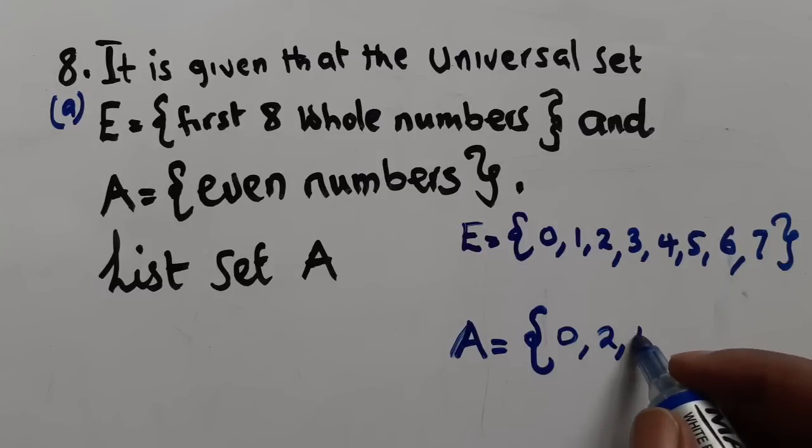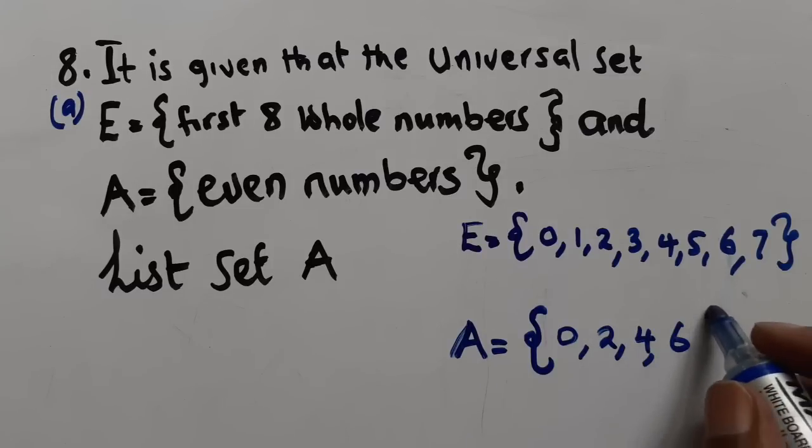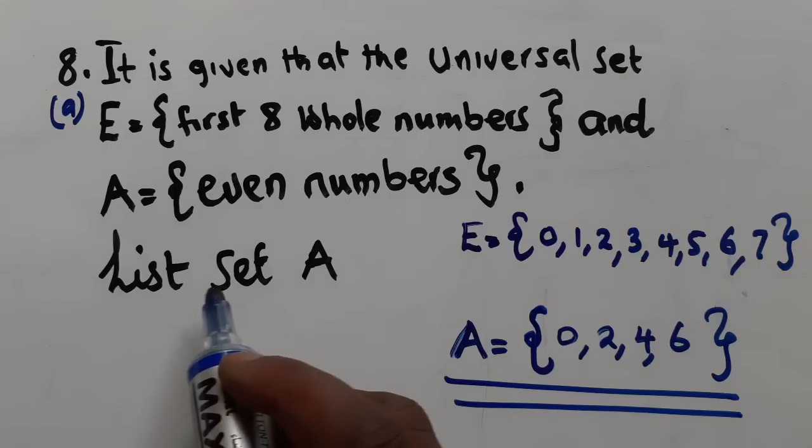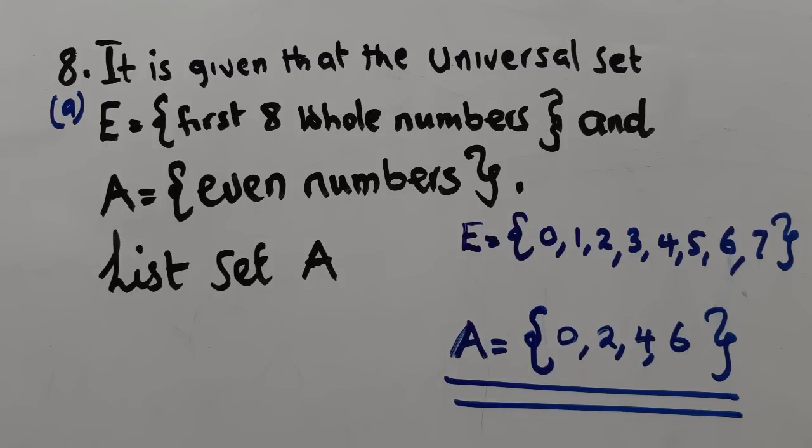So, 2 is an even number. We have listed set A here. Ladies and gentlemen, what is your answer? It is probably debatable on 0. You can research, is 0 an even number? Alright. We move on to B now.